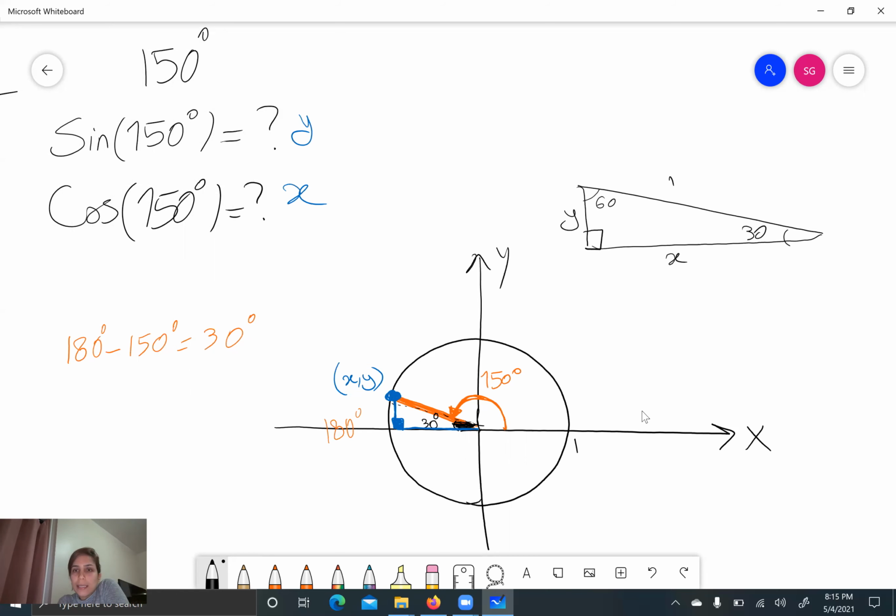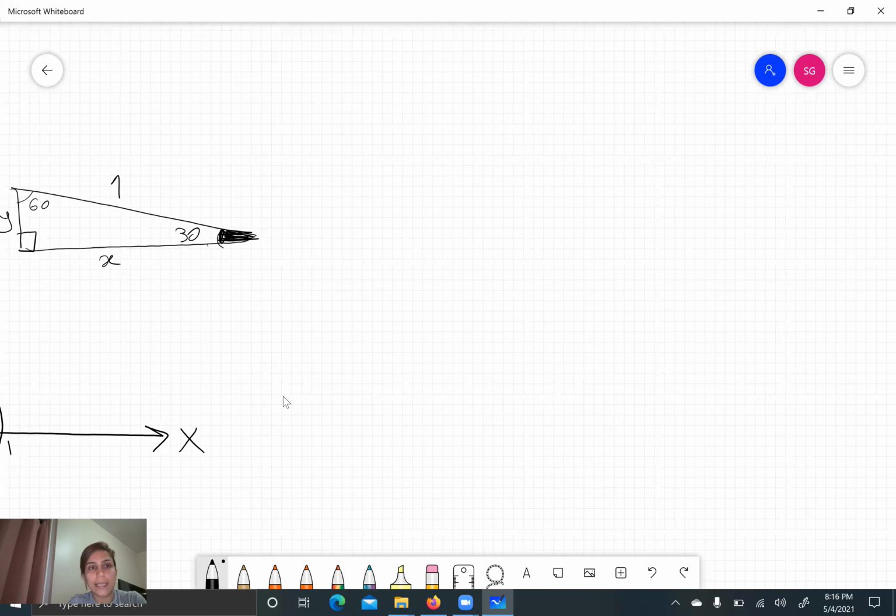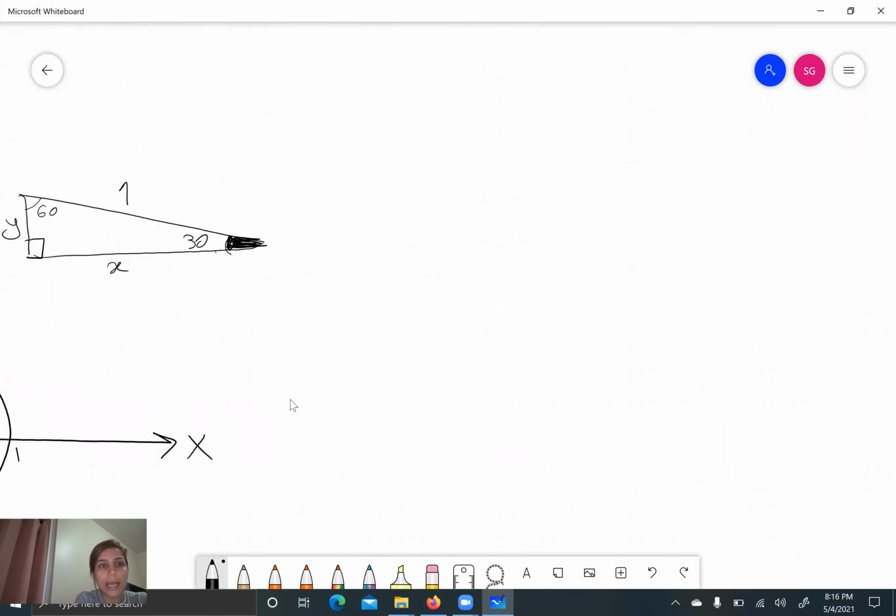But the thing is that we can calculate that, right? Because we know this angle is 30, so we know what y is. I mean, don't look at the circle, just look at this triangle. In this right triangle, what is y?